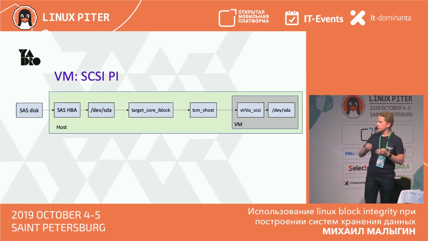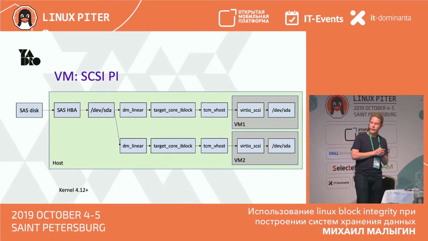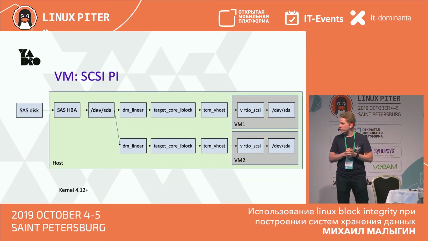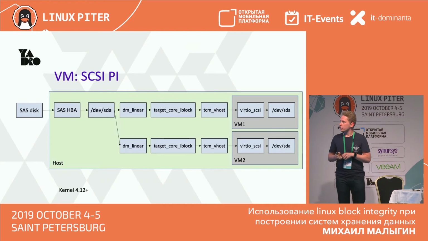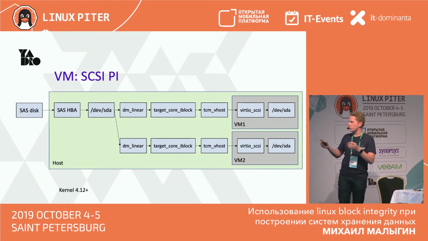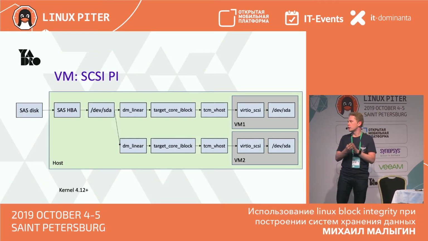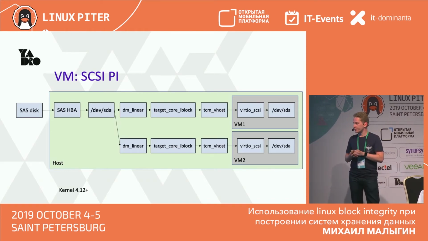So we have taken a SCSI disk and put it into the virtual system, and we have protection information throughout the whole path. If you recall, starting from kernel 4.12, we can transfer this as it is. We can multiply the picture for 3 or 4 virtual machines, so we can use one disk between 3 virtual machines.